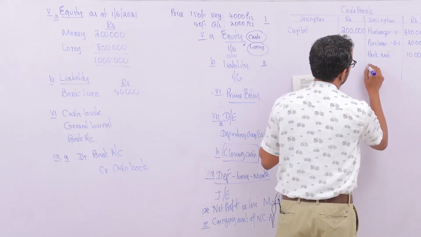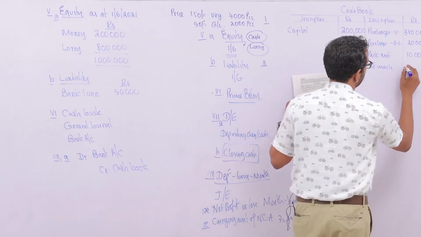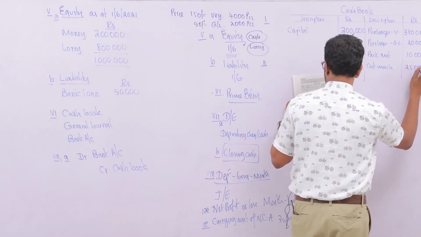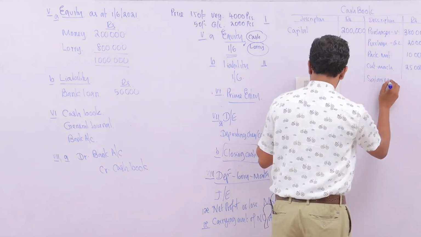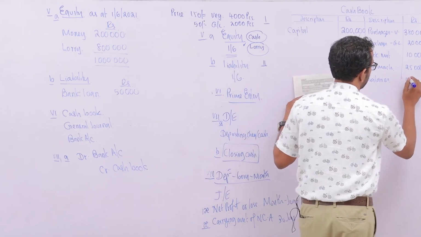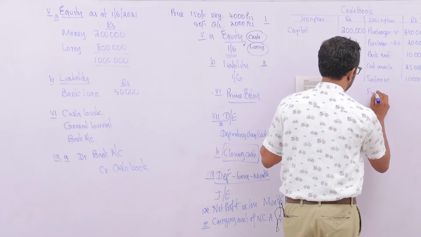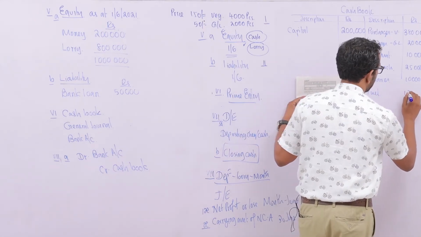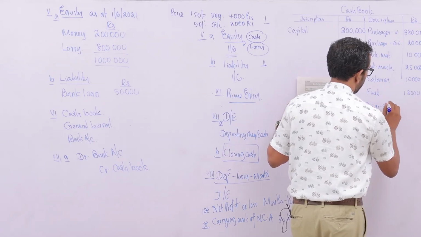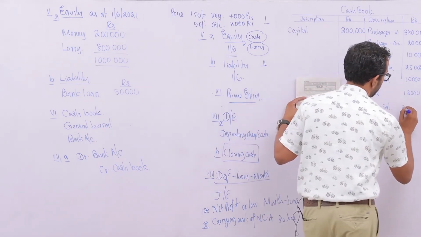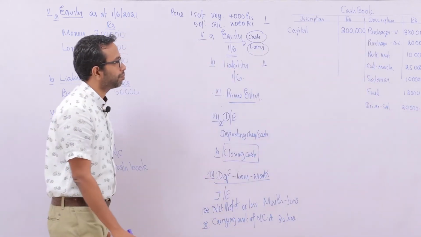Purchases cutting machine, 25. Salaries, 10. Fuel, 12. Driver salary, 20. That is all the cash payments here.